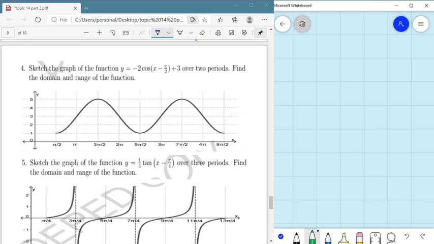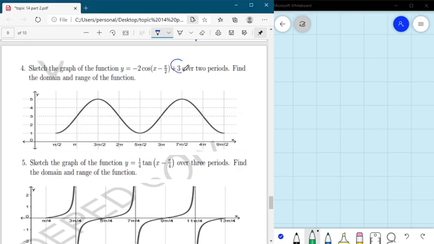So again, since there is a presence of positive 3, that means you graph -2 cosine of x, then shift 3 units up, 3 units upward. And then here, A is -2 and B is 1. Right?